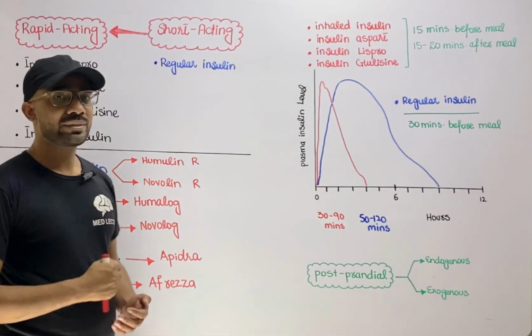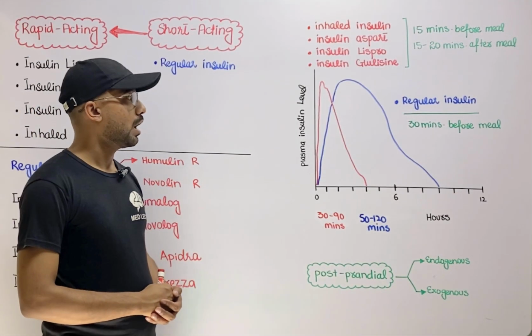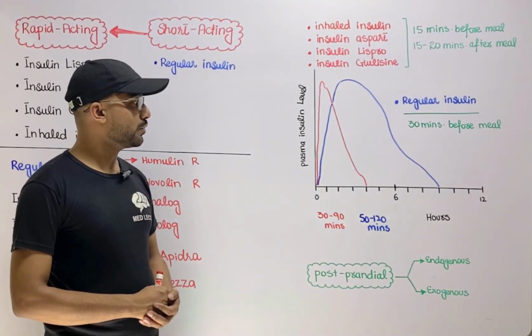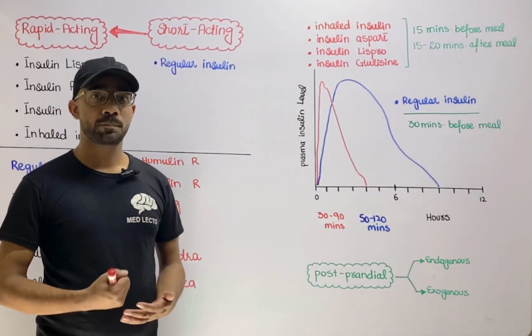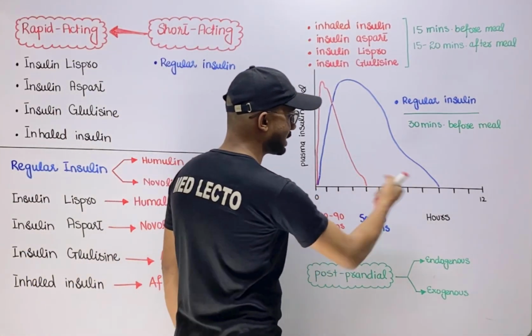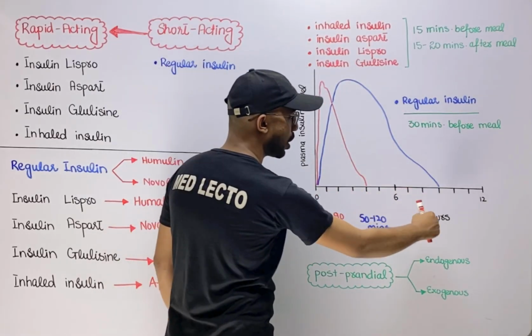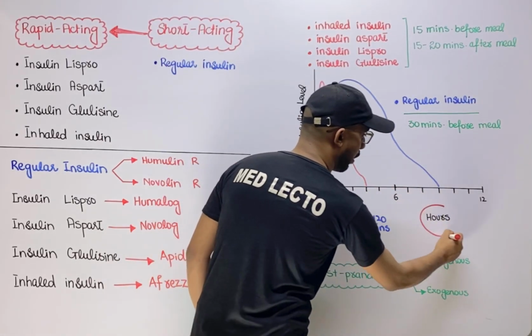After administration, like the subcutaneous administration, you will see the different peak level at different times. If we discuss this graph, here is the x-axis, here is the y-axis. On the x-axis we have taken time in hours.